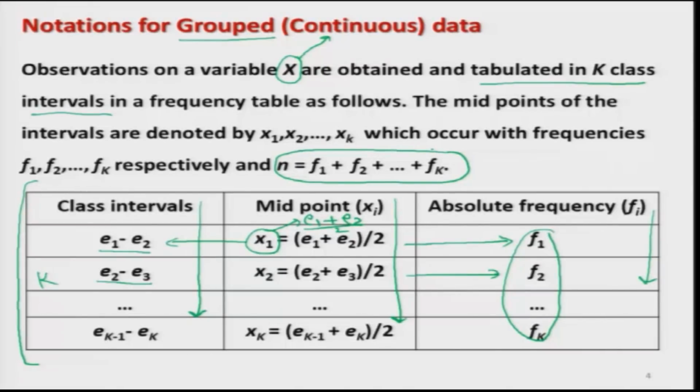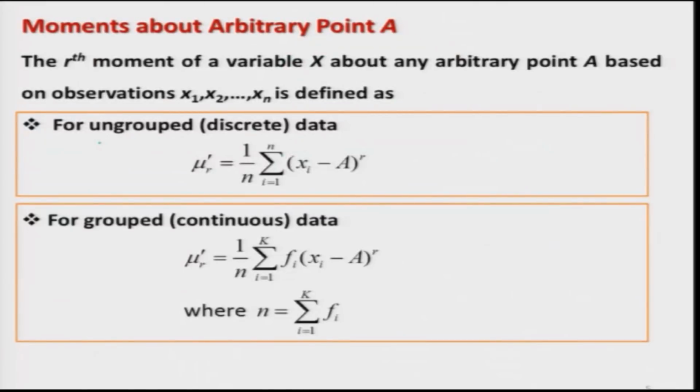So, I can say here that the midpoints x1, x2, xk have the frequencies f1, f2, fk respectively. Now, after this I first try to define the moments about any arbitrary point here A.